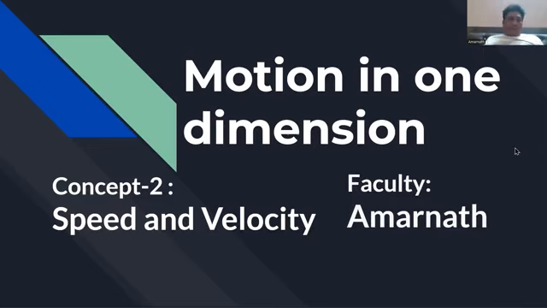Before starting speed, let's recap what is distance and what is displacement, as discussed in the last class. Say from this point, I am going through this zigzag path to this point.